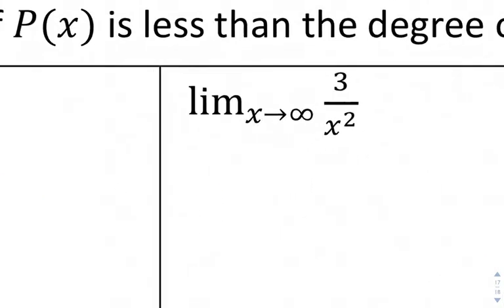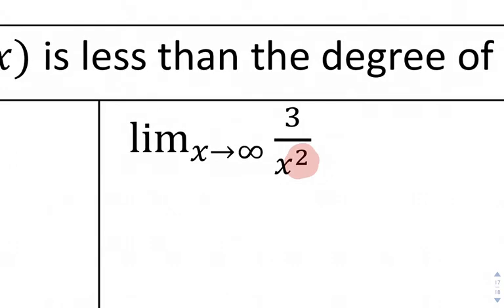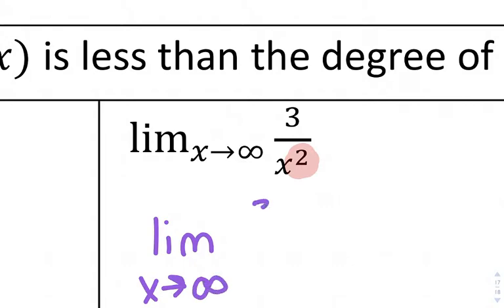An example here would be if you see x squared on the bottom, which is bigger than no exponent on top. If you type that into your calculator, you're going to know that your y values are getting smaller and smaller. So we say the limit as x approaches infinity of 3 over x squared equals 0. Of course you can look at your graph or your table and figure it out. This is just a trick.